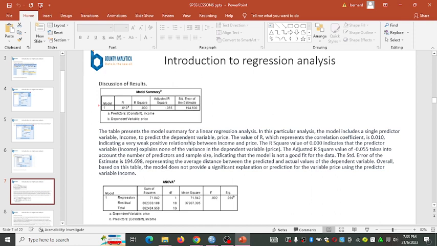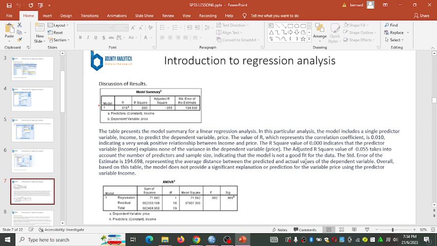We have the standard error of 194.698. This is the standard error of the estimate, representing the average distance between the predicted and the actual value of the dependent variable. Overall, based on this table alone, the model does not provide a significant explanation or prediction for the variable price using the predictor variable income.